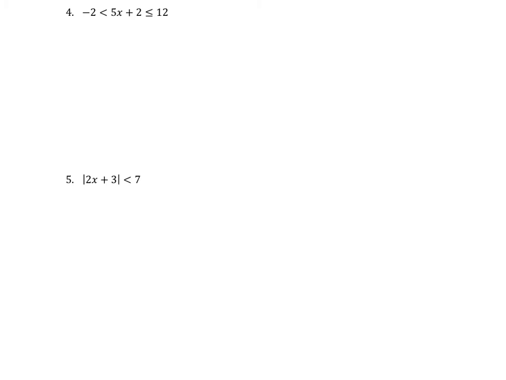Okay, so let's say I just had the absolute value of x is less than 2. First of all, you need to remember that the absolute value is the distance from 0. So that's positive, right? This is saying the distance from 0 is less than 2. So here's 0.